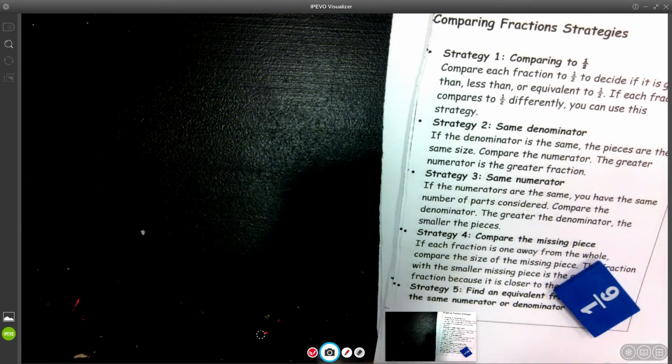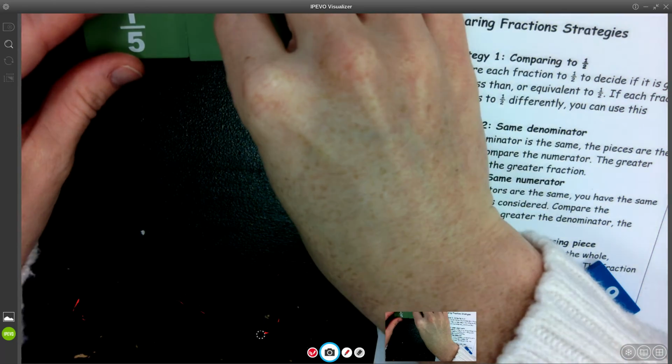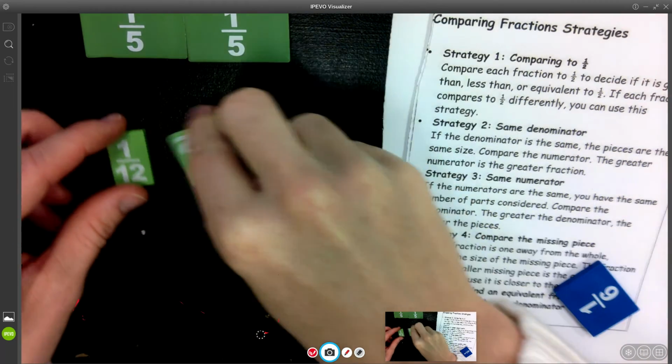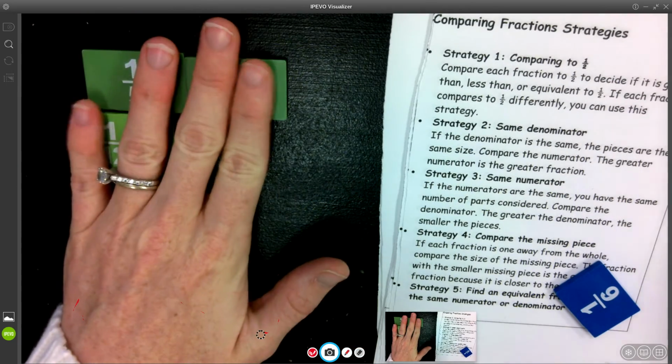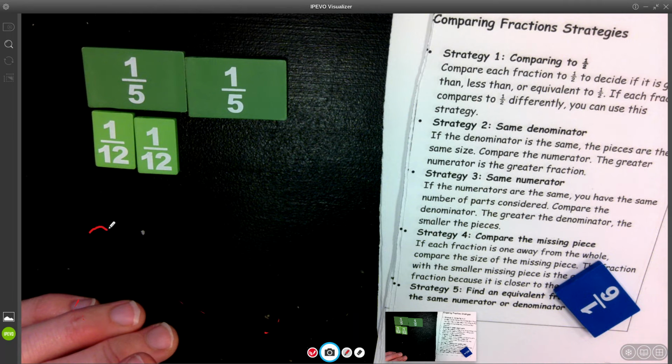So, say that I have 2/5 compared to 2/12. So you see this right here. Now, they have a different denominator. It's cut into different slices.